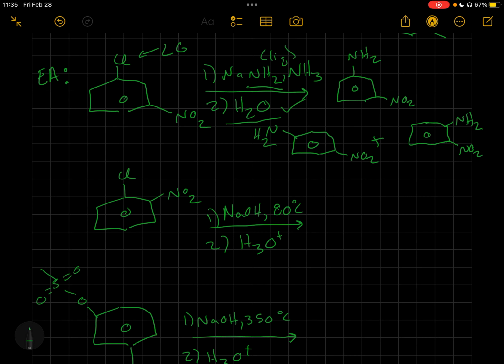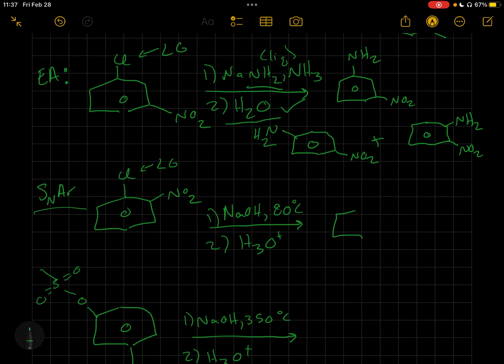Okay, so in this molecule for the starting material, we have a nitro group. So we have a nitro group, we have a leaving group. So remember, our chlorine is a leaving group. And they're ortho and para to one another. So this meets the qualifications for a nucleophilic aromatic substitution, or we can call it SNAr. Okay?